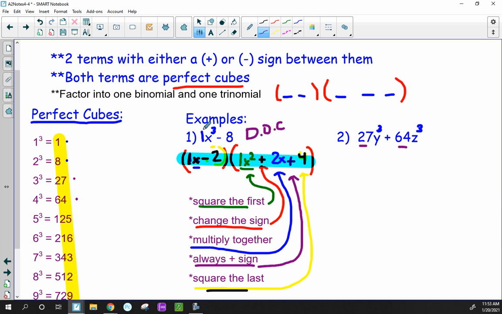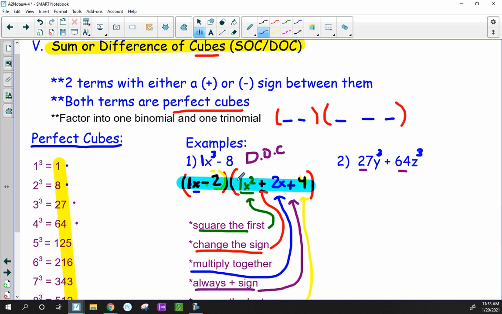I should have checked for a GCF earlier in this one. Luckily for me, I didn't have one, so I don't have to redo that problem. But remember, just like I've been saying for days now in the factoring unit, no matter what type of factoring problem you have, your very first step, like thinking process, should be, does it have a GCF? Because if it does, I need to take care of that first before I do anything else. And so I'm going to do that with number 2, 27 and 64.